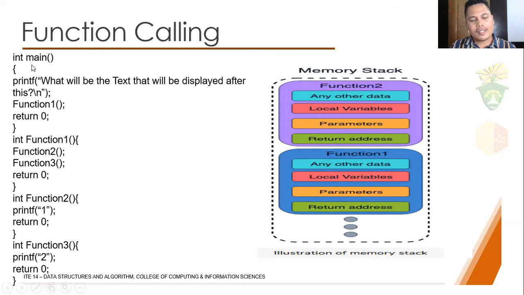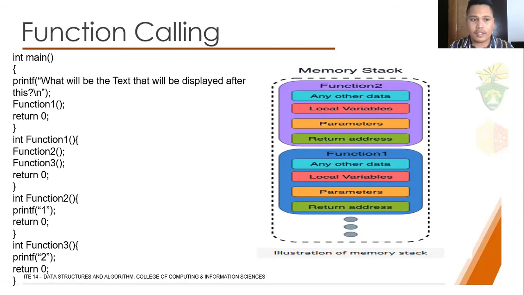Example, this time si main gi-call niya si function 1. So ang control karon mapasa kang function 1. Pero para ma-backtrack or ma-monitor sa program nato kung after kang function 1 asa niya ibalik ang control, it's because by the time nga ipasa niya ang control, ang kana nga function will be stored sa atong memory stack.